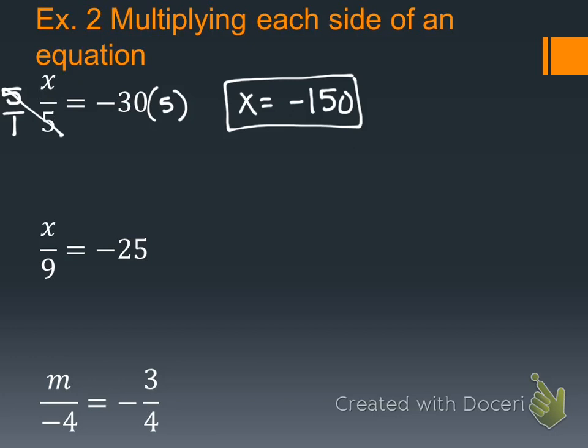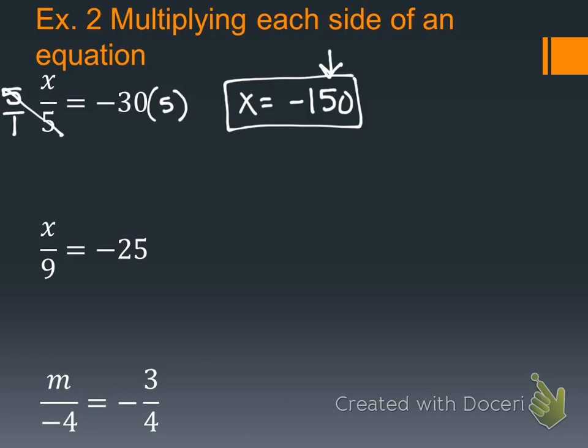In this section, you are allowed to use your calculators. So what I would do is take negative 150, because we know it's x, and plug it in your calculator. Negative 150 divided by 5. Press enter. If what you get is negative 30, that was our original problem, you know you've done it right. I got the right answer. There's no way I can take off any points because I got the correct answer.